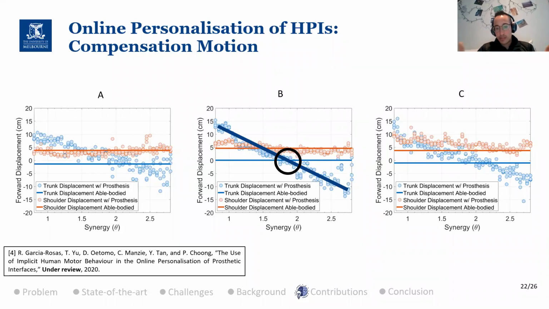Intuitively, this tells me there is a synergy parameter value that would achieve this able-bodied behavior, which is quite promising. If I can design a measure of performance with this in mind, then we might get pretty close to what this person will be doing with their able-bodied arm.